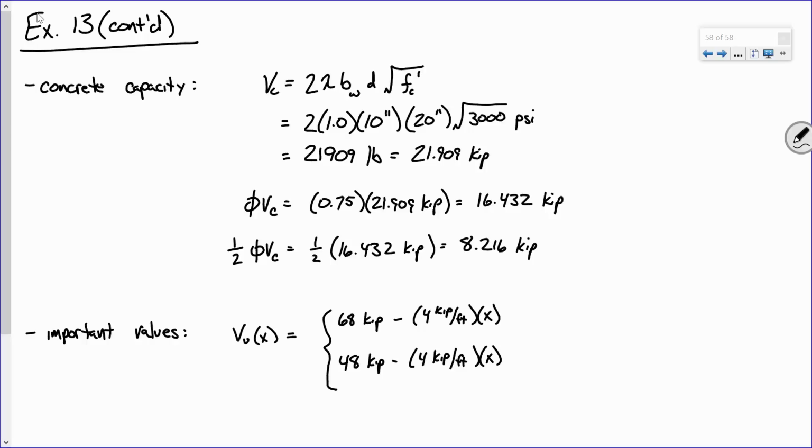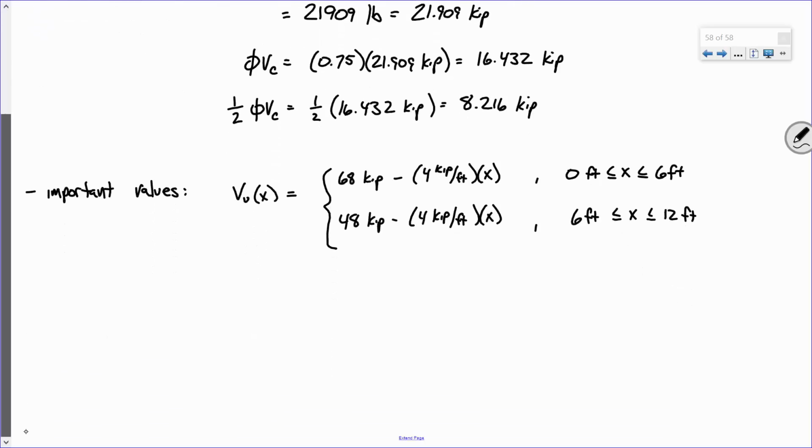And this first equation is for 0 to 6 feet, and 6 feet to 12 feet. Would you all agree with that? Everybody okay with that?